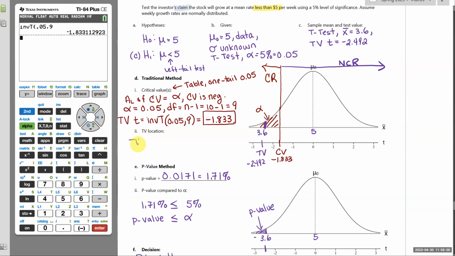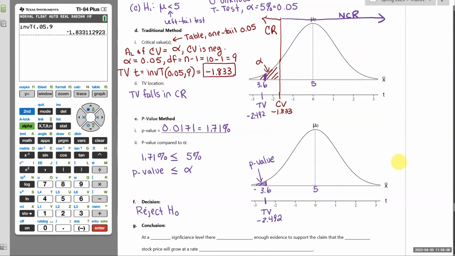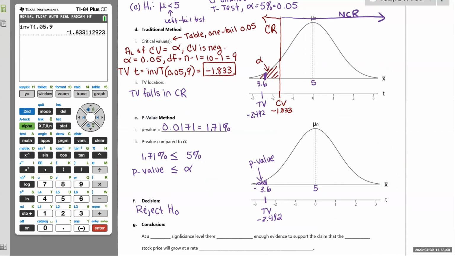So my test value falls in my critical region. And we know that when your test value is in the critical region, you reject H0. And that matches our p-value method, because when your test value is in the critical region, it means your p-value area, that little p-value area there, is smaller than your alpha area.